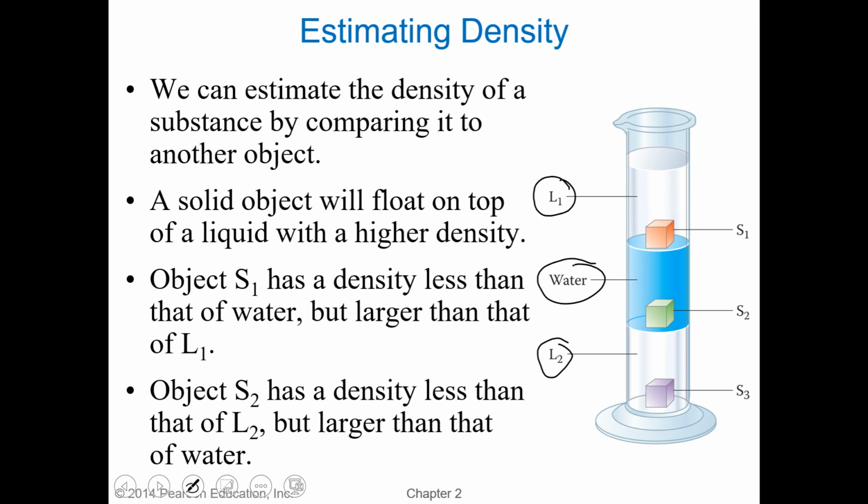Now, if I want to compare the solids I put in there, some go all the way down to the bottom, some stay in the middle, some go to the top. What this means is that S1, for example, has a lesser density than water, but a higher density than whatever liquid 1 is. Where S3 has a higher density than water and whatever liquid 2 is. And we know that because it's way at the bottom. It's not floating in the middle.